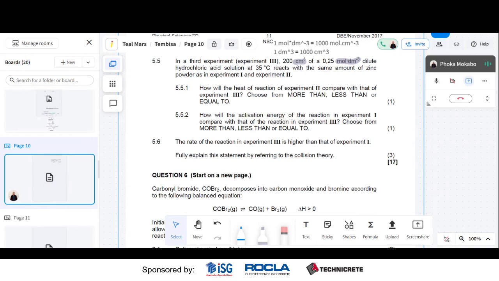If they move much faster, then more molecules will have enough kinetic energy to reach the threshold of the activation energy. The activation energy being the energy required in order to be able to participate in the reaction, right?